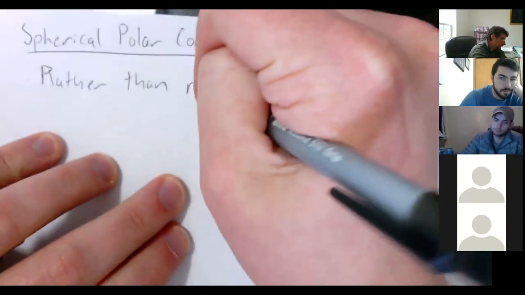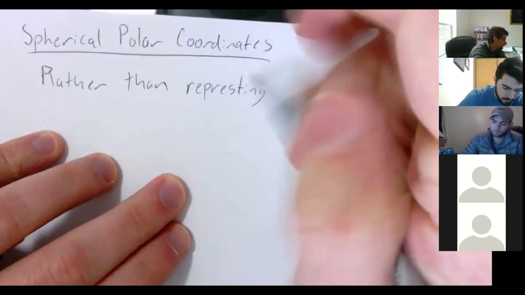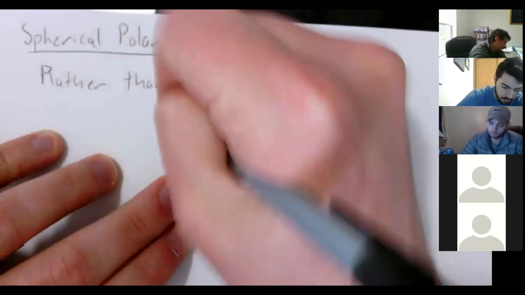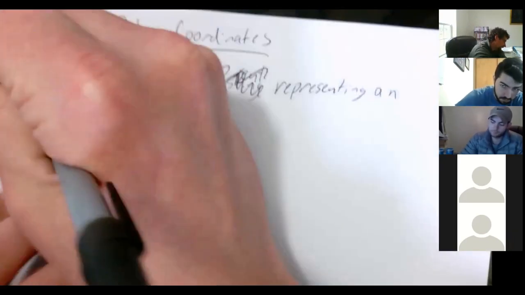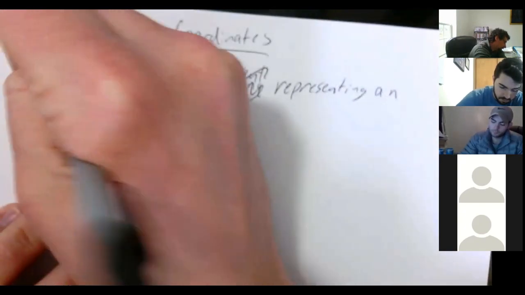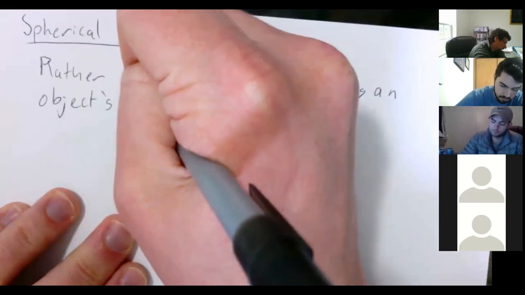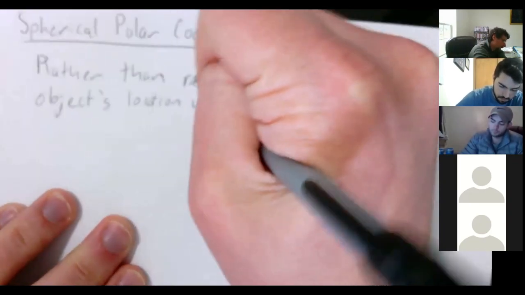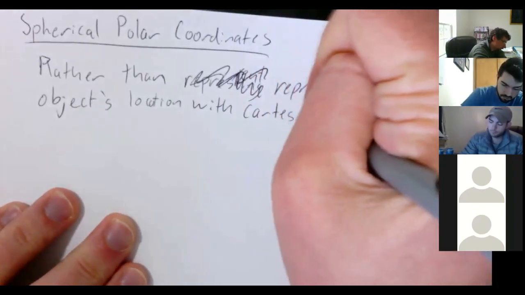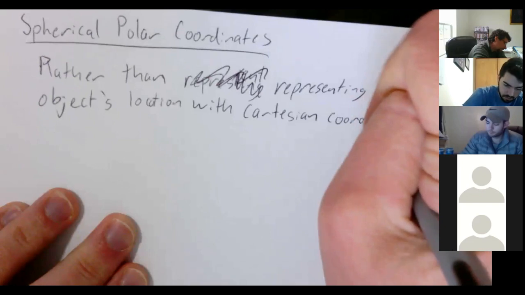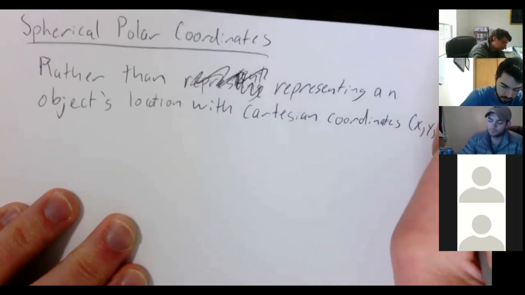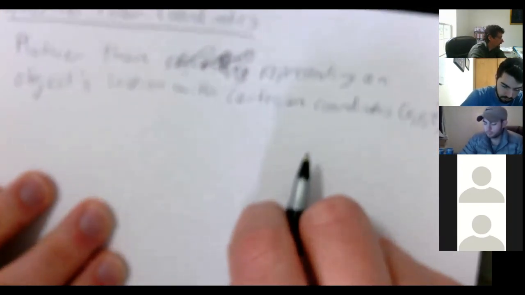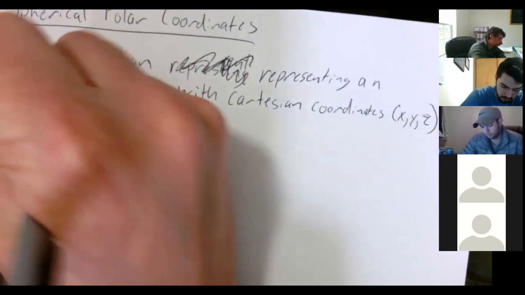So rather than representing an object's location with Cartesian coordinates, basically meaning x, y, and z, what we're going to do is use spherical polar coordinates.